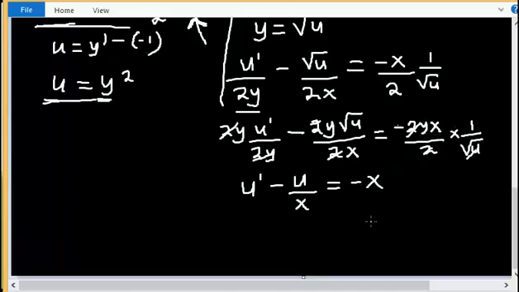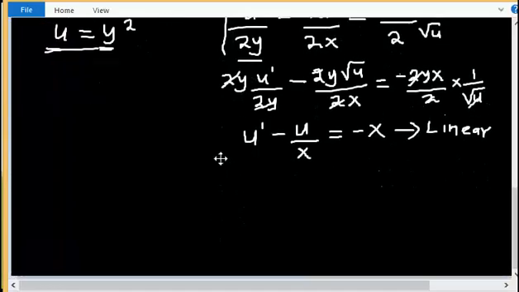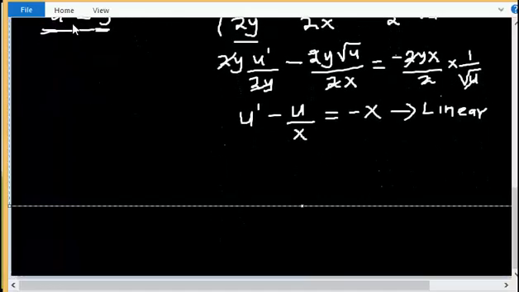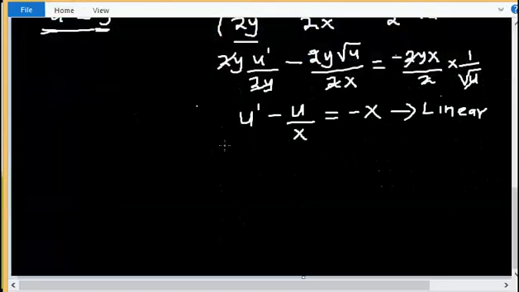So as you can see now, with what I have here, this equation is said to be linear, so I can solve it using the method of integrating factor. So now let's solve this by the method of integrating factor. Using the integrating factor, you should already know that my r of x, the function of x at the right hand side of the equation, is minus x.